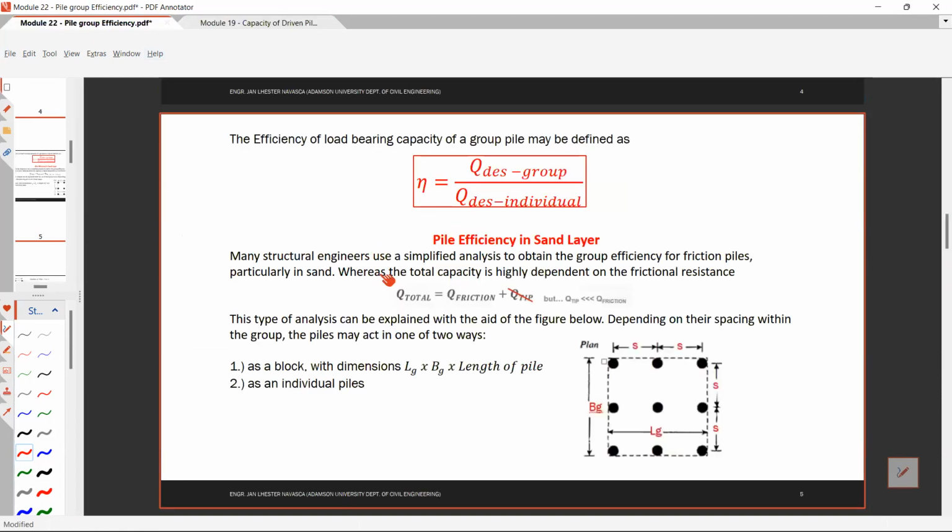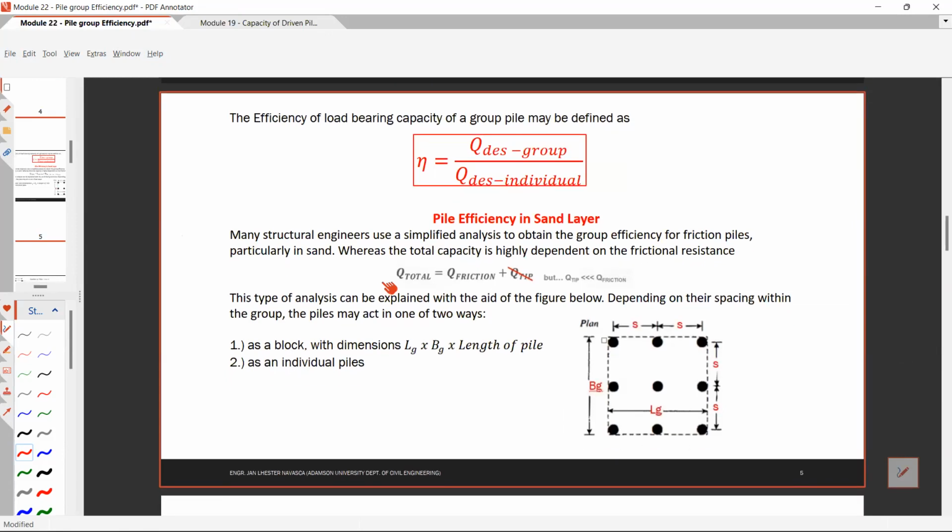Okay, anyway, so for the capacity of the piles in the sand layer, the total capacity is equal to the Q friction plus Q tip, or the frictional resistance plus the end bearing capacity. But this time, yung Q tip mo is very small compared to your Q friction.